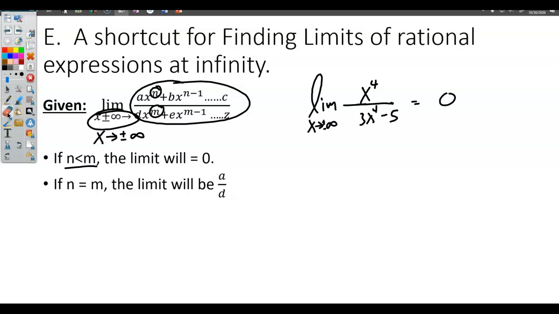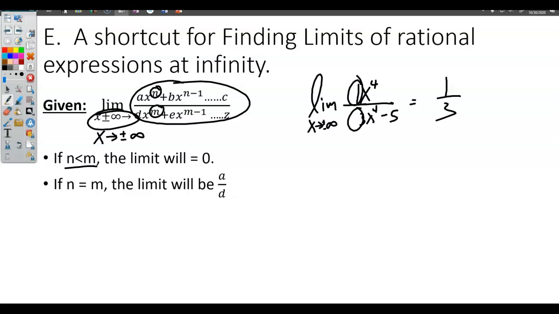Well, in that case, if they're equal, then we have another shortcut. The shortcut is basically you're going to take the number in front of that one and the number in front of that one, and that's your answer. It just always works out that way. And you guys can kind of see that happening on the last few examples that we were looking at.